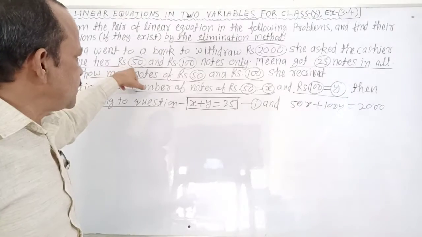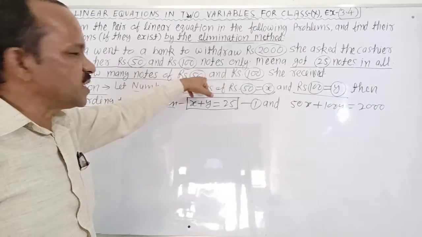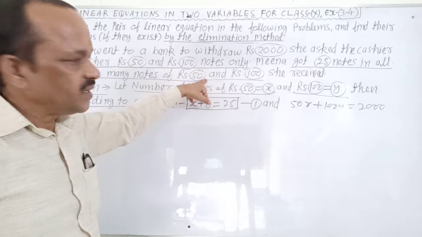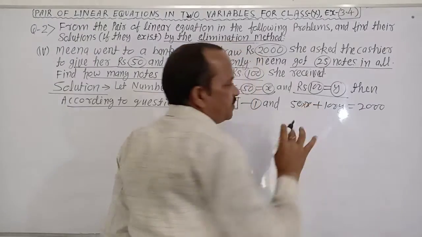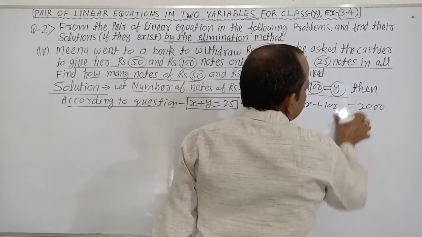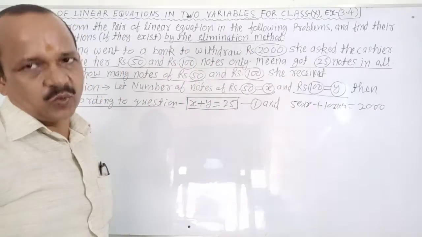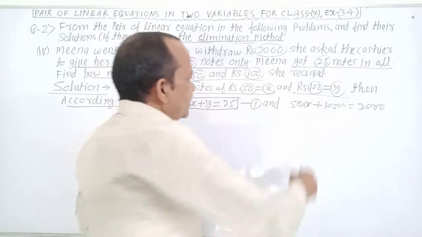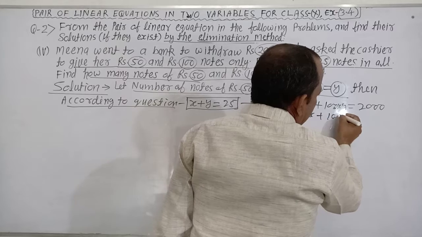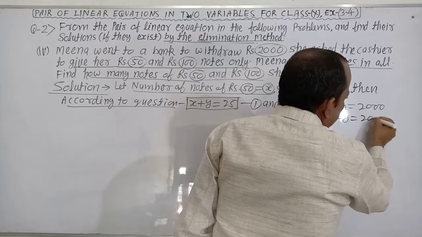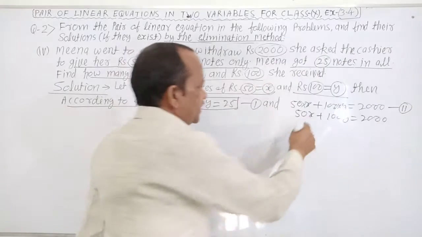How many notes of Rs 50? x multiply 50, and here 100 multiply y equal to 2000. It becomes 50x plus 100y equal to 2000. Equation second.